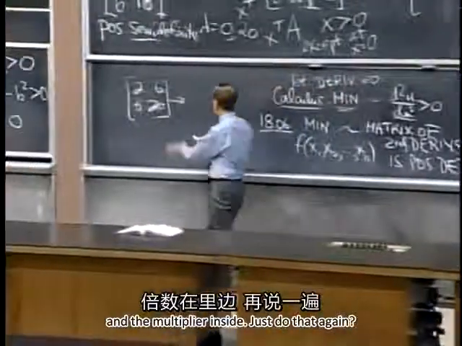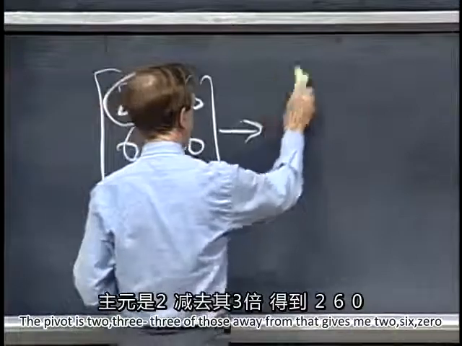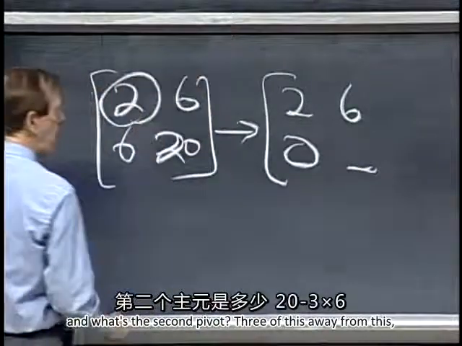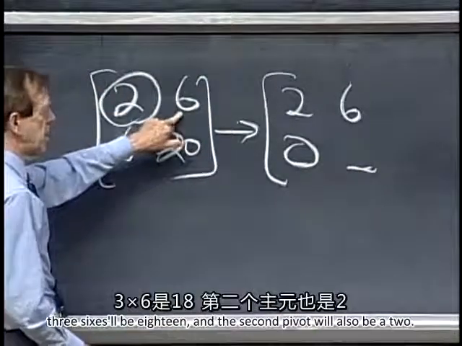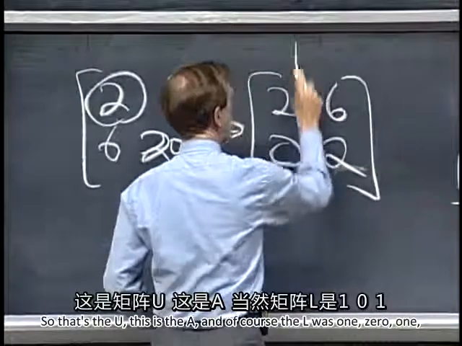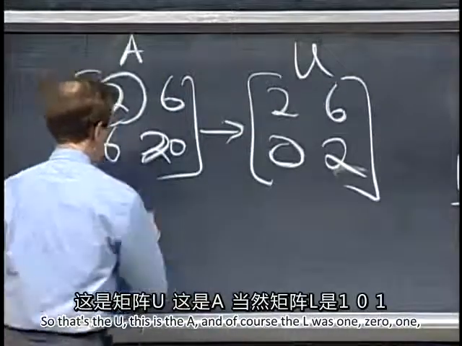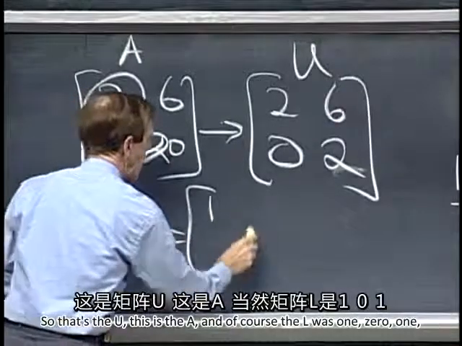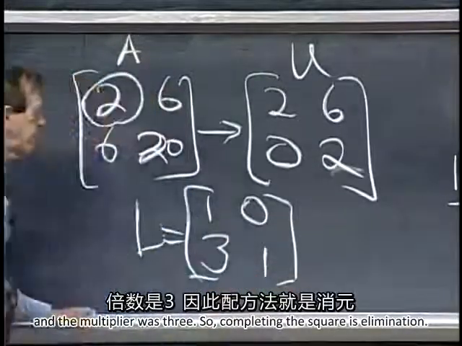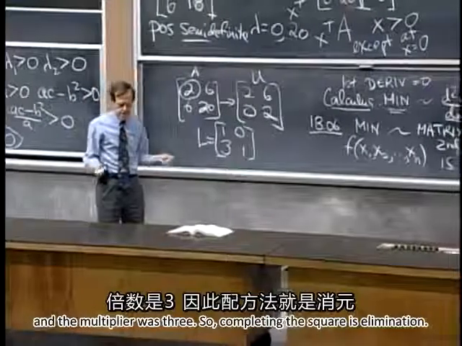To just do that again, the pivot is 2. 3 of those away from that gives me 2, 6, 0, and what's the second pivot? 3 of this away from this, 3 6s will be 18, and the second pivot will also be a 2. So that's the U. This is the A, and of course the L was 1, 0, 1, and the multiplier was 3. So completing the square is elimination.